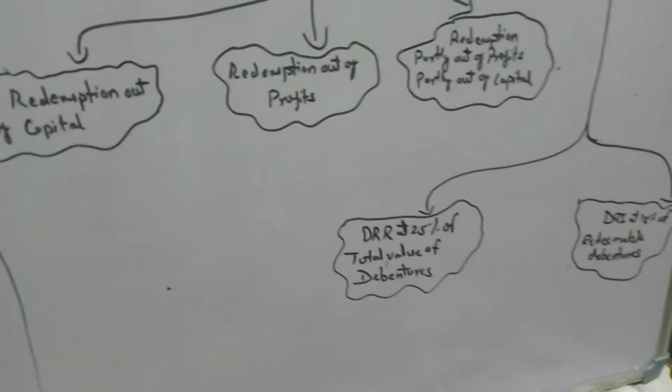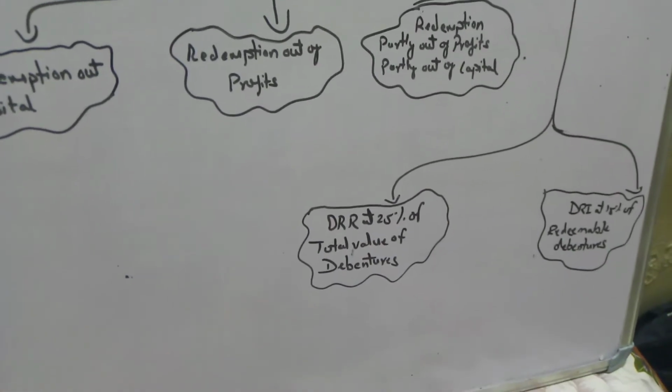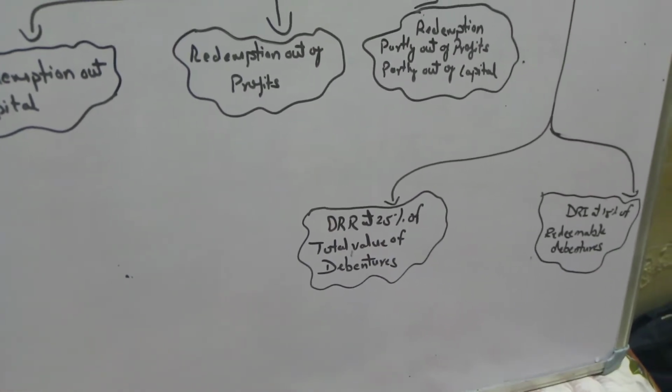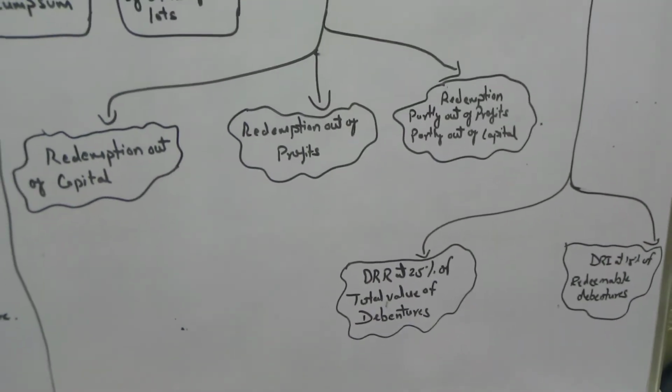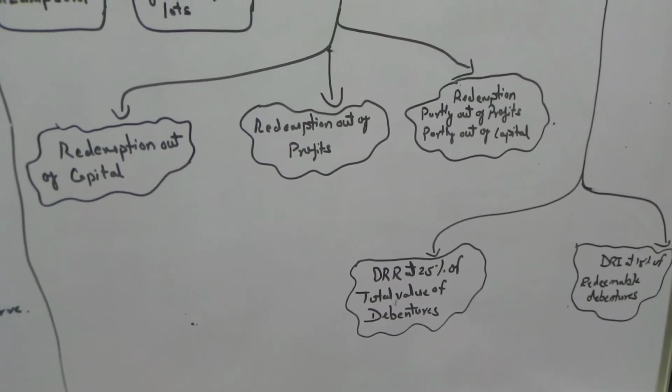Here you have 2 points: debenture redemption reserve at 25% of the total value of debentures, and debenture redemption investment at 15% of redeemable debentures.